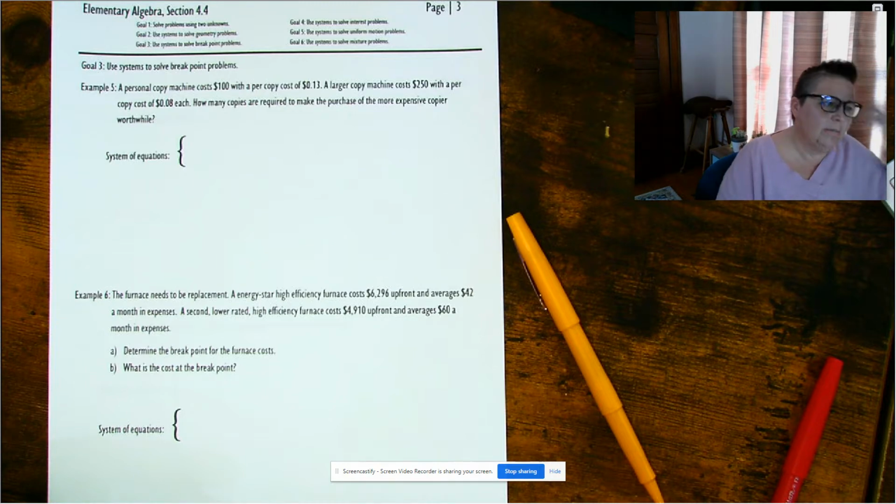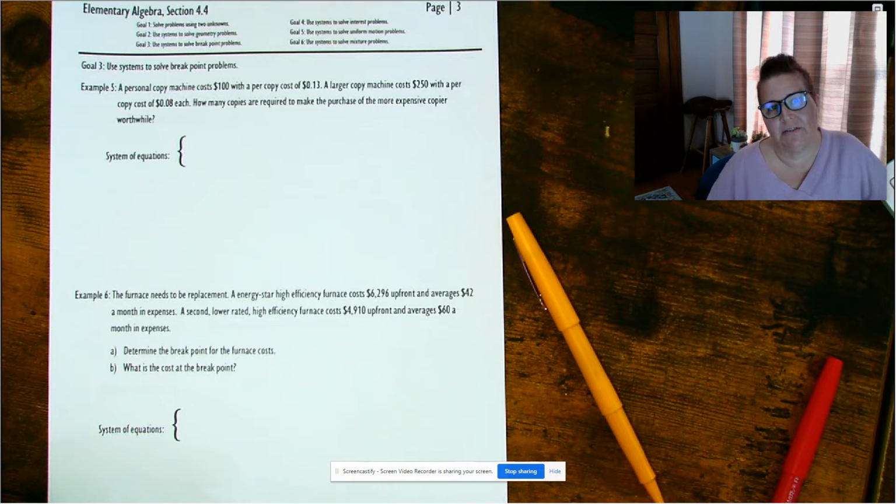Whereas another gym might have an upfront fee of $60, but then it only takes $5 a month out of your account. So if you pay the fee up front, it can be cheaper by the month, or it's a quick sign-up fee, but it's more expensive by the month. And what we're going to try and do is find the point at which they're equal. And then from there, we can tell which one is cheaper when.